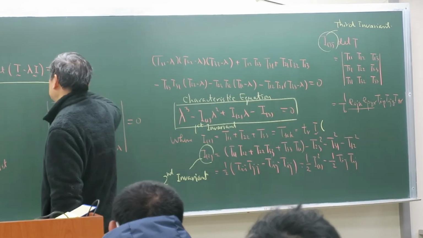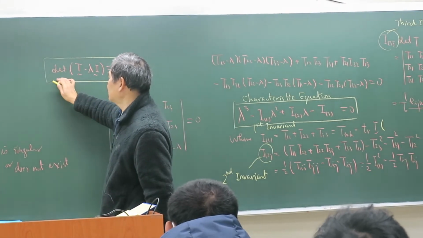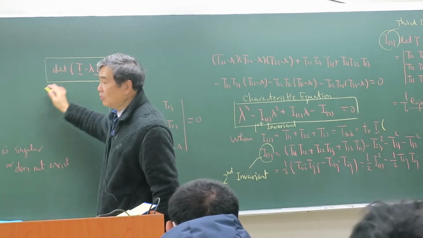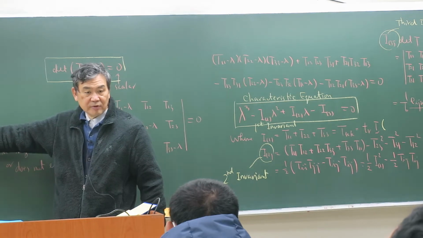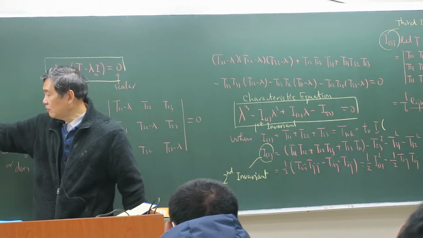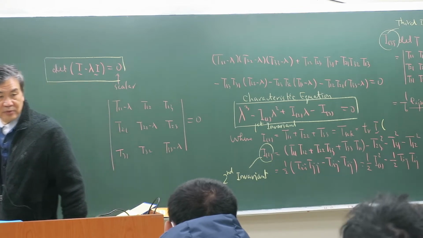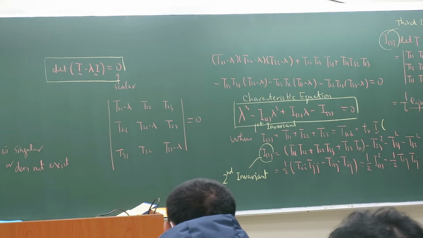Why? Usually we do the eigenvalue problem directly. Some people just directly do this, but they don't know why. So this is coming from, for a non-zero solution, we have to require the matrix to be singular. So that's why we require the determinant to be 0. Okay? Yeah, that's the main reason.